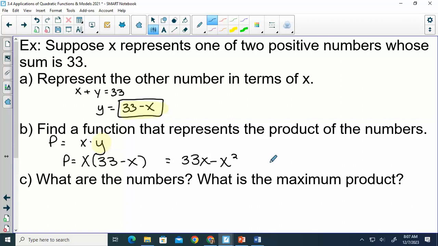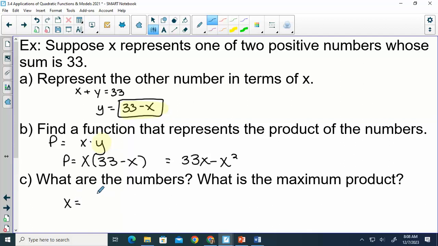So if we take a second look, 33x minus x squared, if you graphed that, what would it look like? Upside down parabola. Okay, it's an upside down parabola. So if I want the maximum for a parabola, what do we have to do? Find the vertex. How do we find the vertex?